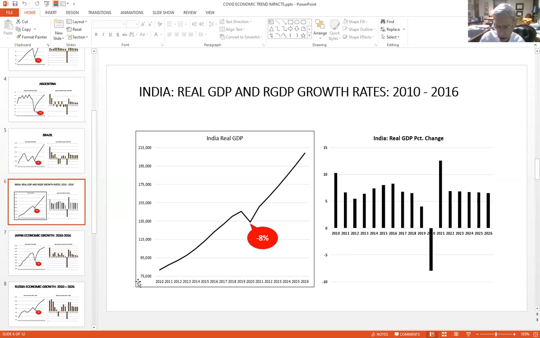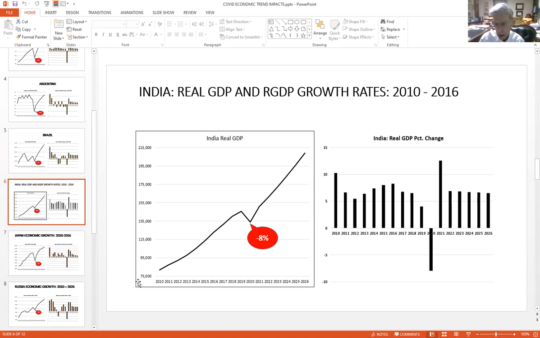How good these data are then is open to question. But you can see that India has suffered an 8% decline in its real GDP, if you believe their numbers.